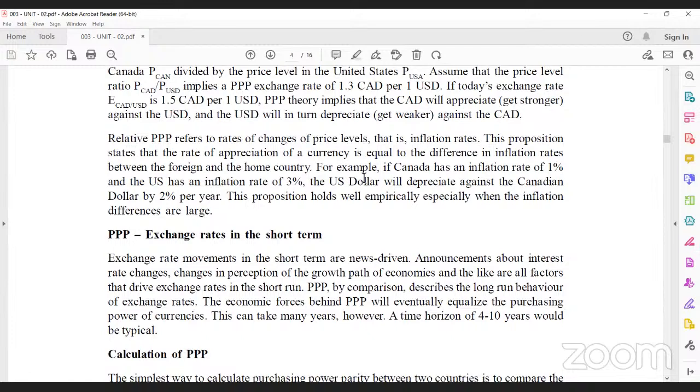For example, if Canada has an inflation rate of 1% and the US has an inflation rate of 3%, then the US dollar will depreciate against the Canadian dollar by 2% per year, because its inflation rate is higher. And this proposition holds well empirically, especially when the inflation differences are large.